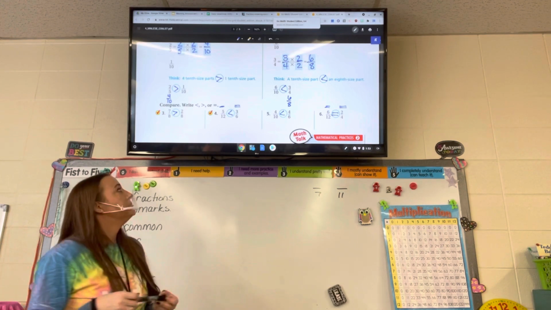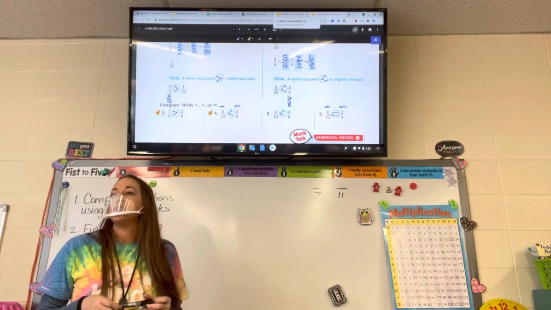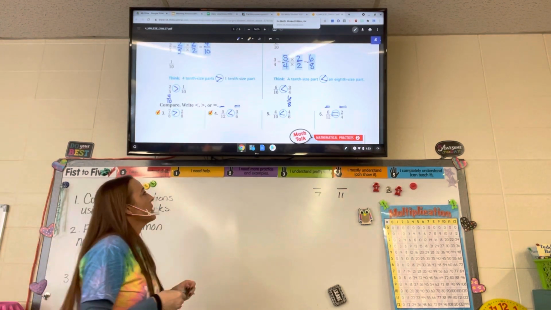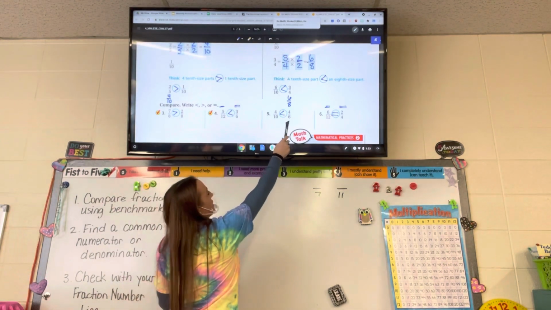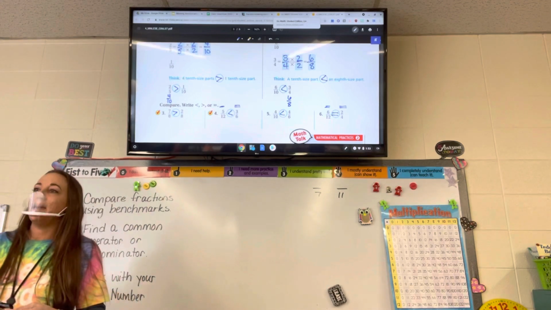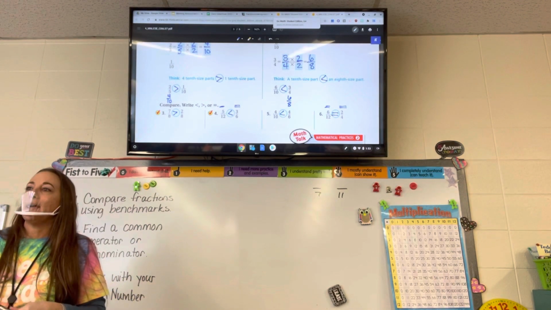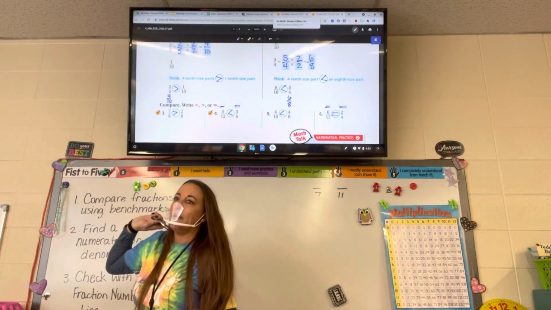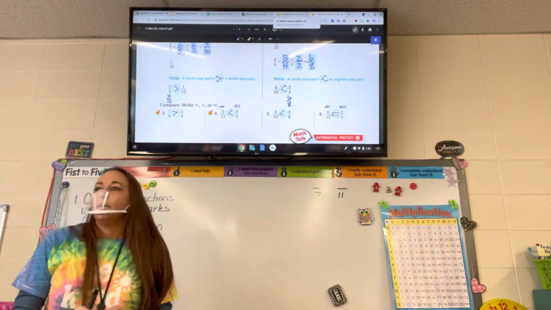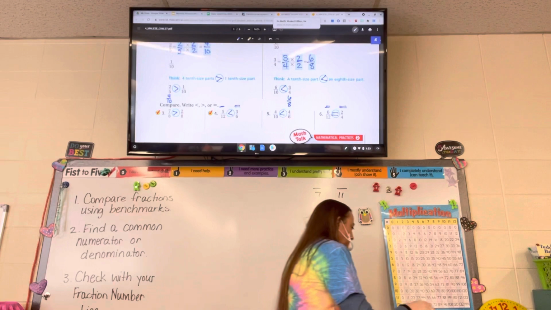Number 5. Number 5, we didn't have to do comparing to benchmarks because they already had a common numerator. They already had the same number on top. These already had the same number on bottom. Okay?